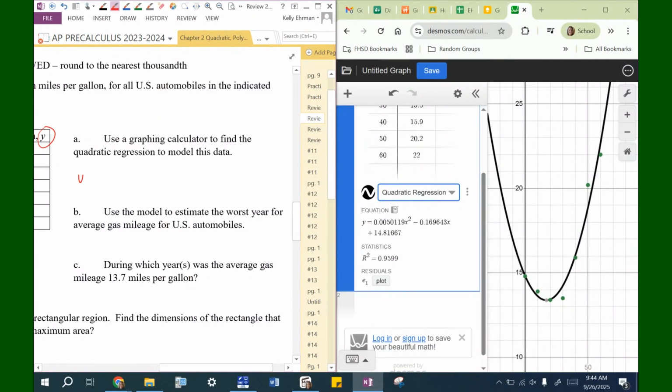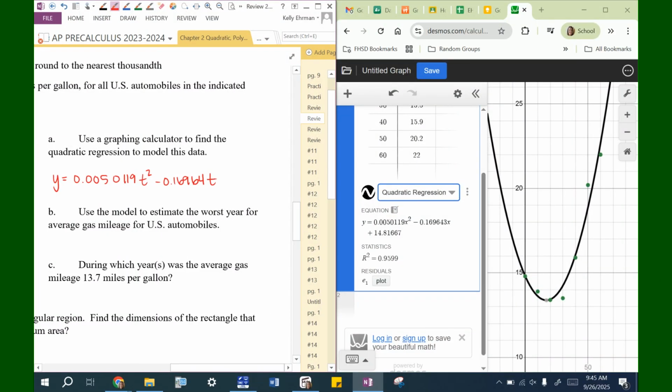So y equals is okay. And then it's going to be all of these decimal places. Instead of x squared, make it t squared. Instead of x times t, and plus 14.81667. So this is the regression model.